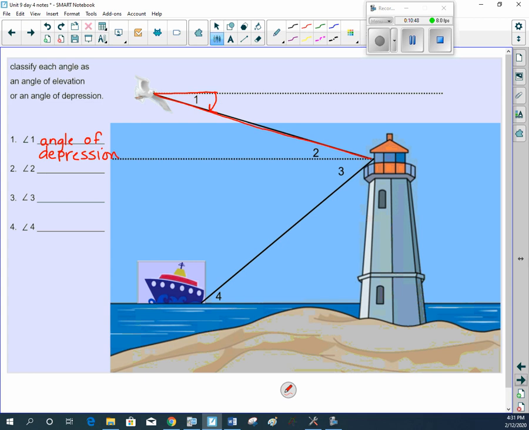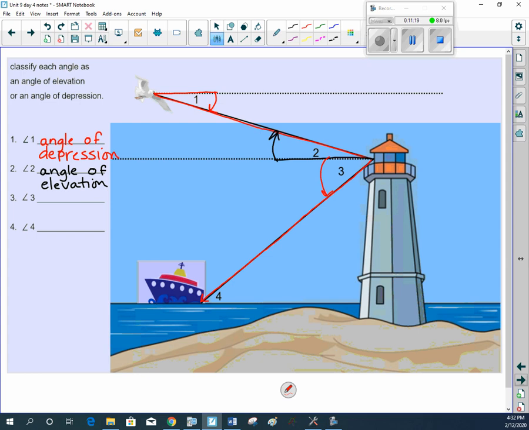Okay, but somebody in that lighthouse happens to be looking out, and then they look up at the same angle and see the seagull. So that's an angle of elevation. Okay, well, that same person in the lighthouse happens to look down to see the boat.